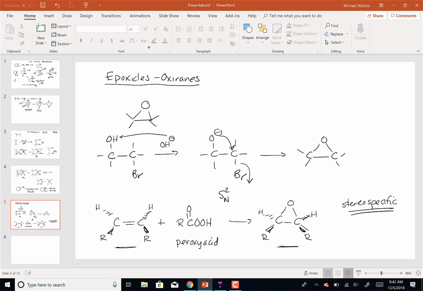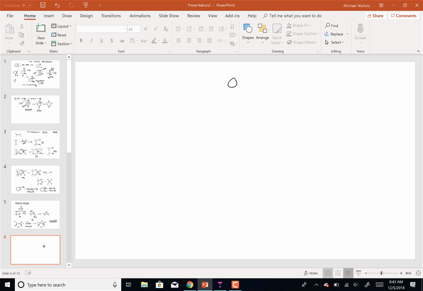All right, so we can make an epoxide simply by adding a peroxy acid or making the bromohydrin and then reacting it with base. But what do we do with epoxides? Okay, here is my epoxide.